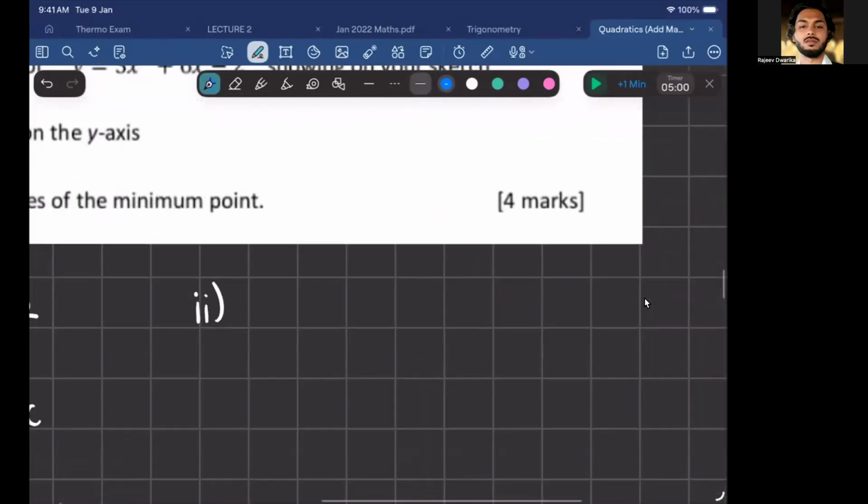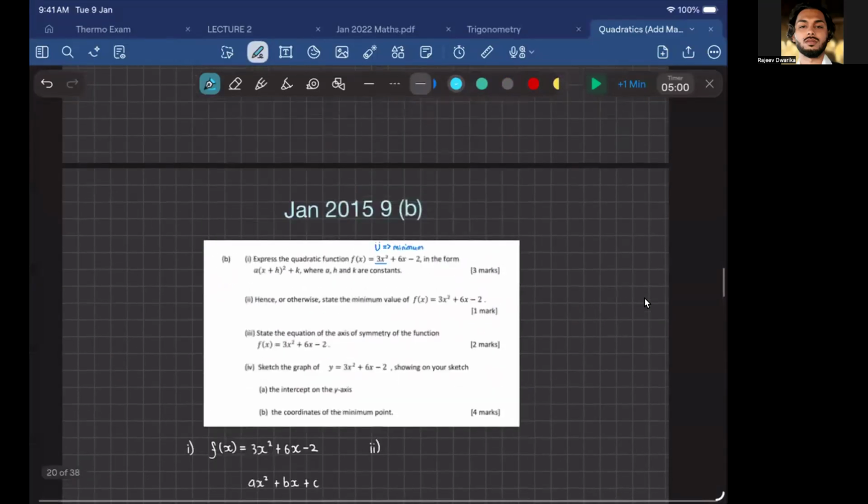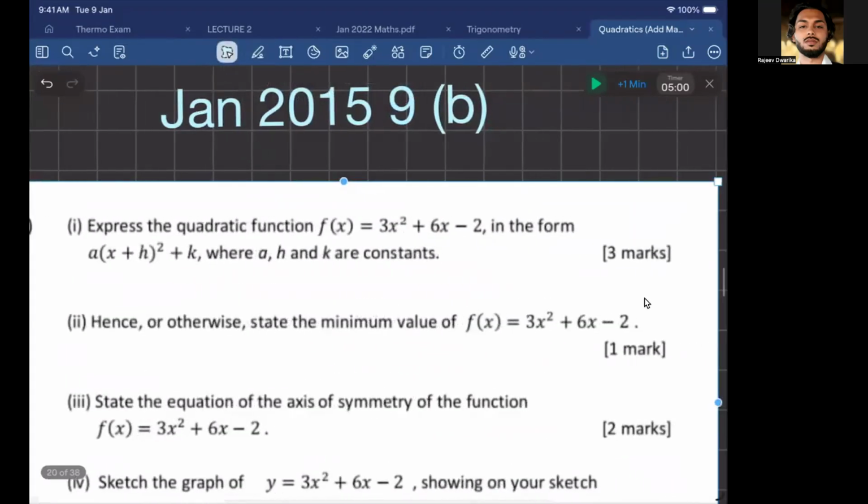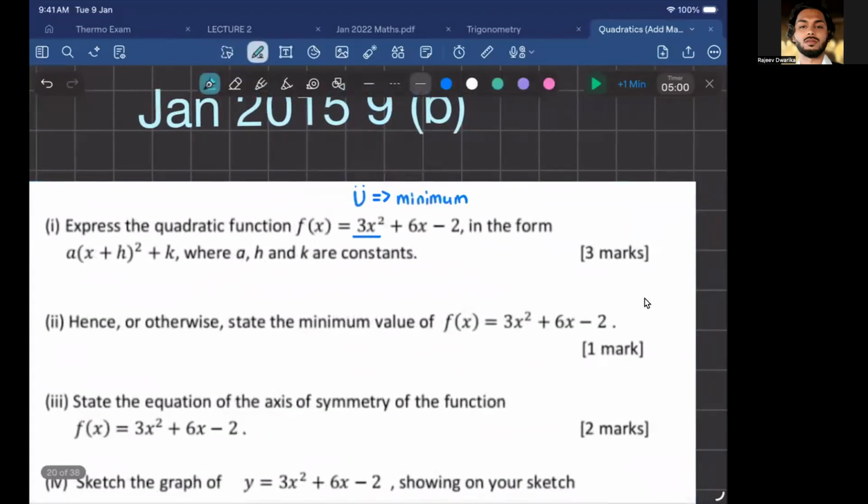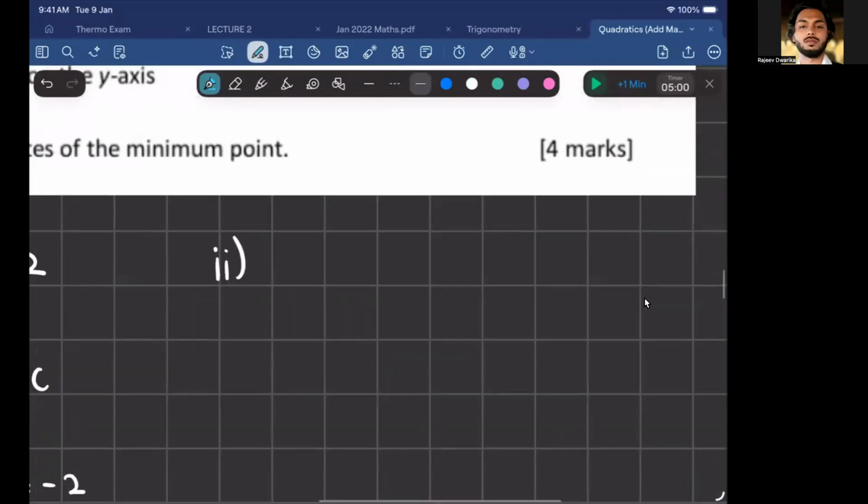So I just want to remind you all, why do we need to find h and k? It's very handy because it allows us to figure out, in this case, the minimum point. Caleb, do you know that if a is positive, then the general shape of the graph would be a minimum? Yes, sir. Okay, good. So our graph is clearly a minimum.